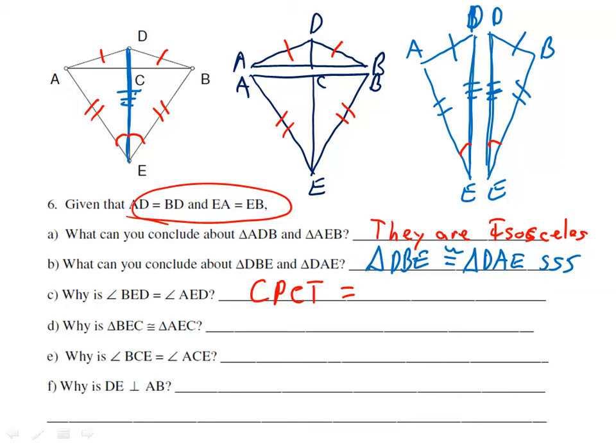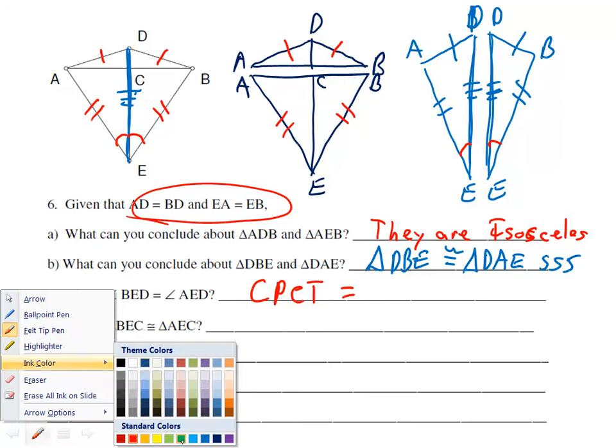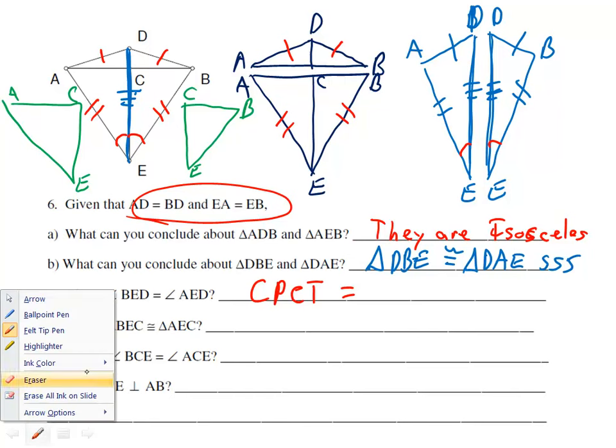Why is triangle BEC congruent to triangle AEC? Okay, so let's take a look and see what we've got here now. Alright, so triangle BEC. Now I'm starting to run out of sketch room here, so I'm just going to put it over here. Alright, so there's E, B, and C. And over here, we've got A, C, and E. Alright, and we're marking our parts here.